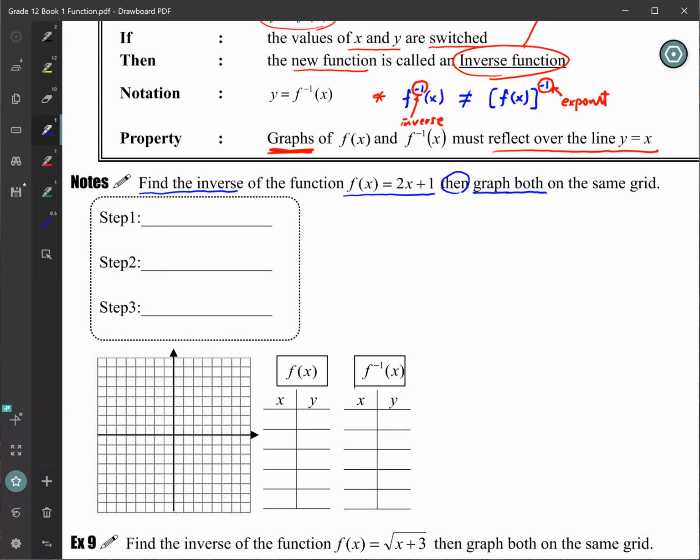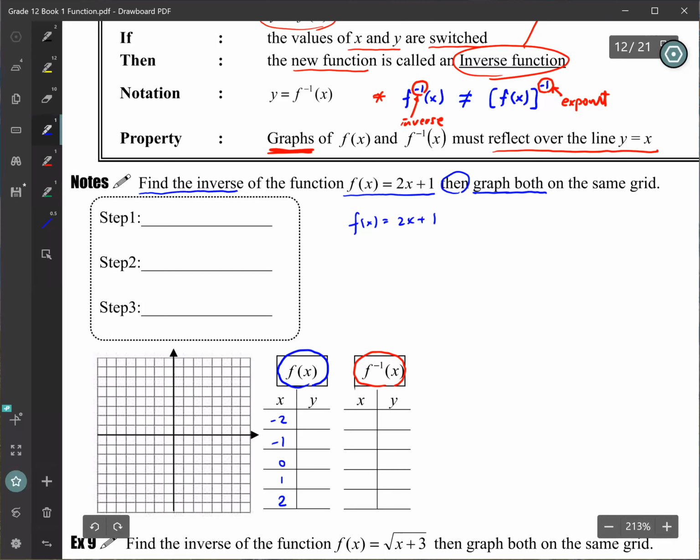So f of x is this one. I'll copy one more time. We'll choose -2, -1, 0, 1, 2, just like the points we use for the problem. Some negative numbers, some positive numbers. And for the original function, I'm gonna graph with the blue one. Later we'll use red for the inverse.